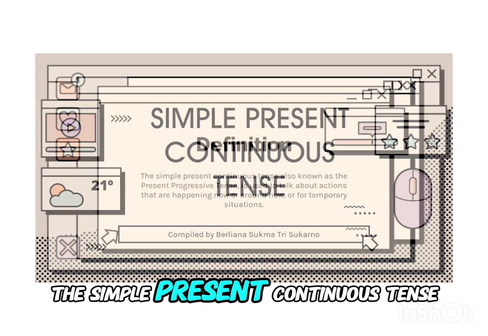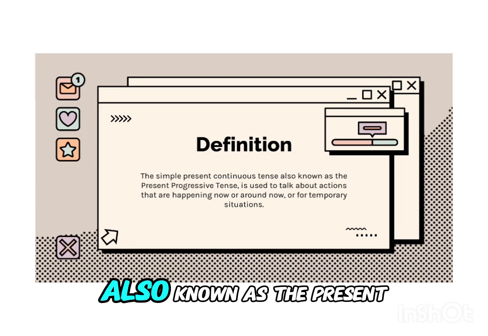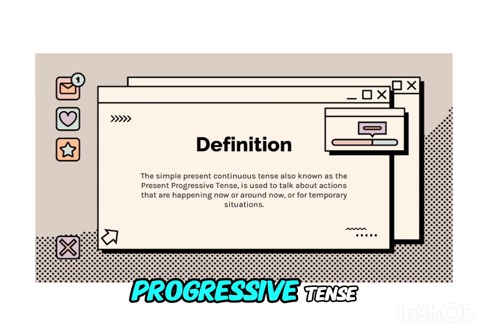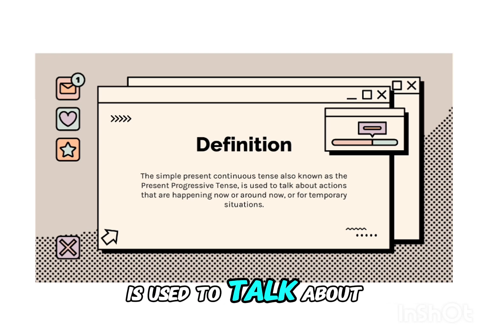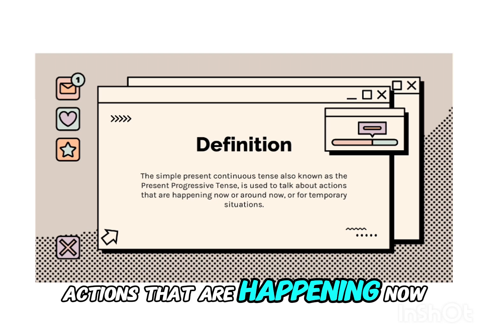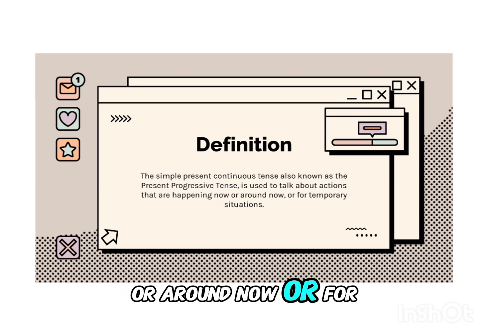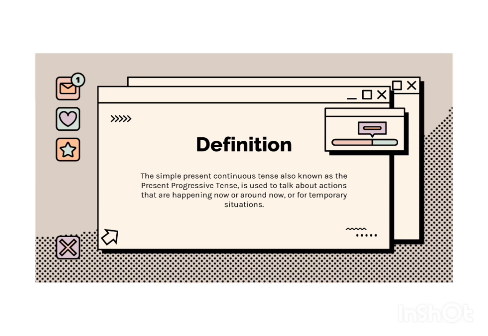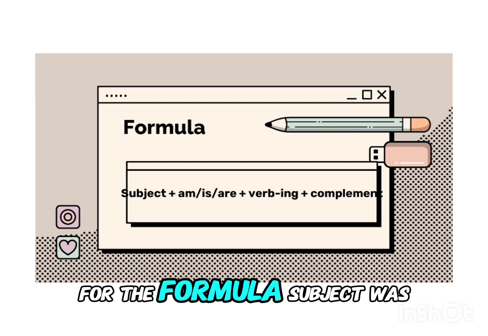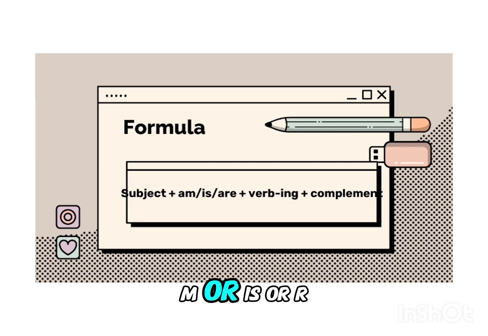The simple present continuous tense, also known as the present progressive tense, is used to talk about actions that are happening now or around now, or for a temporary situation. For the formula: subject plus am or is or are, or to be, plus verb-ing, plus complement.